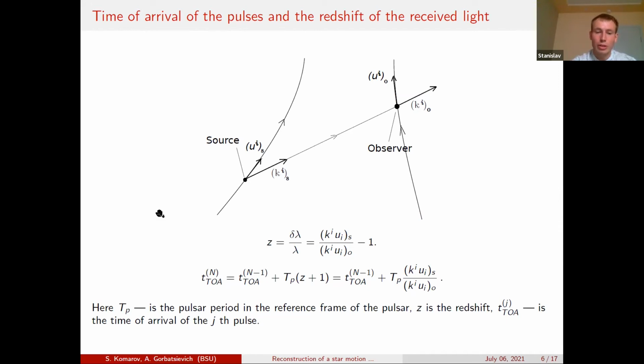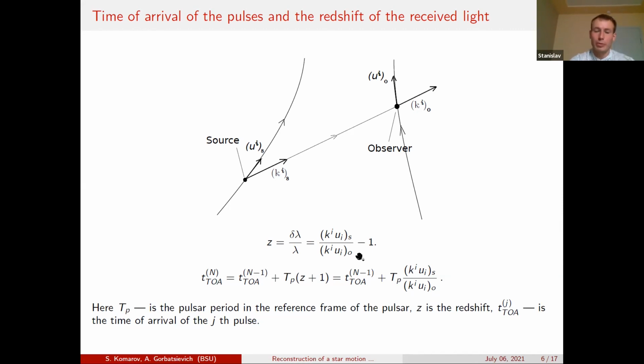And the following formula is the equation that expresses the times of arrival for pulses of a pulsar. From this formula, it is clearly seen that this function is very simple and depends on the redshift, but also on one more parameter that we do not know, the pulsar period in the reference frame of the pulsar.